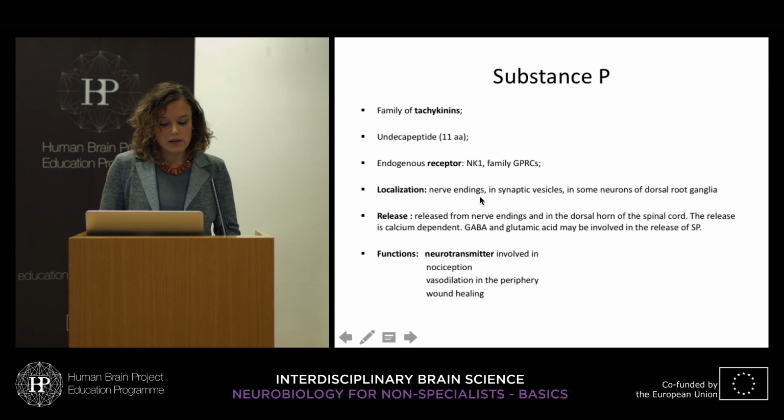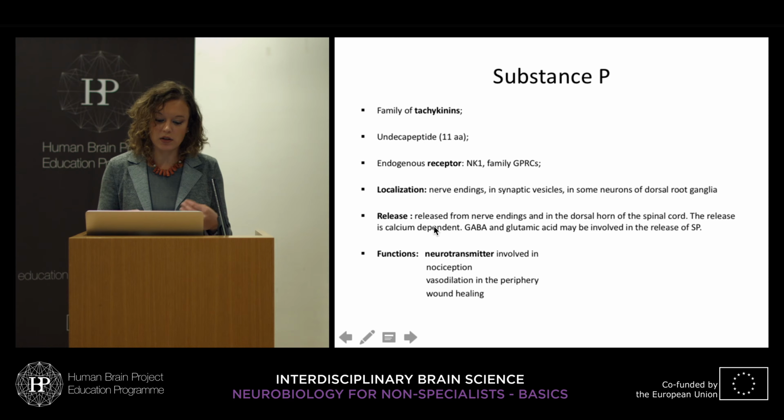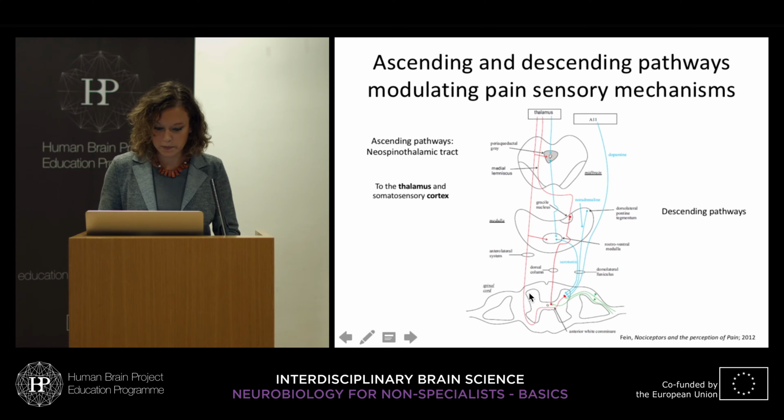It's localized in the synaptic vesicles in the nerve endings and is released, as I told you, upon stimuli from the nerve endings in the dorsal horn of the spinal cord, and stimulates the second-order nociceptive neurons. So this neurotransmitter is involved in nociception, but also in vasodilatation in the periphery, and in wound healing.